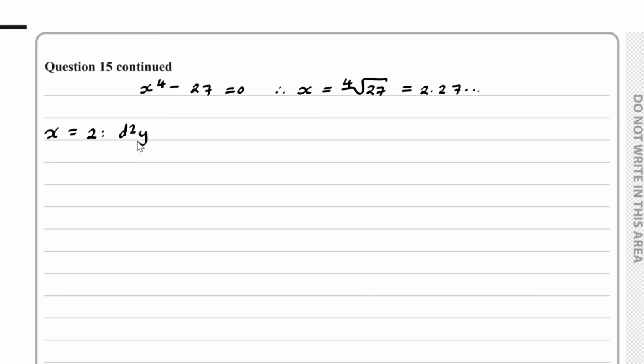If we work out what the second derivative is at this point, we have 18 lots of 3 times 2 to the 4 minus 81, divided by 2 to the 4 plus 81 squared.